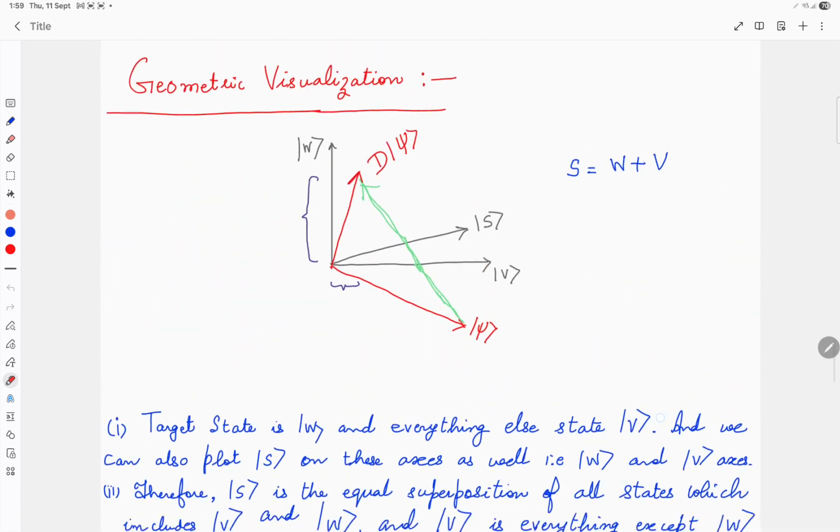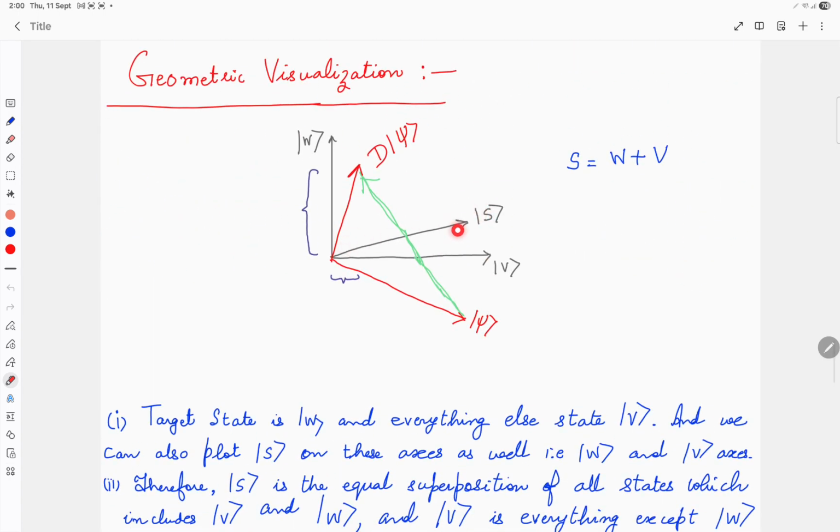So what is the meaning? When it was S, the overlap of S with W was minimal, but the overlap of S with V was maximal. But considering an arbitrary state ket psi, when we apply the diffusion operator, it goes to this point where the overlap with the W state has significantly increased, whereas the overlap with the V state has significantly decreased.